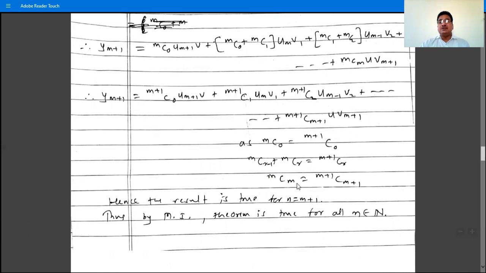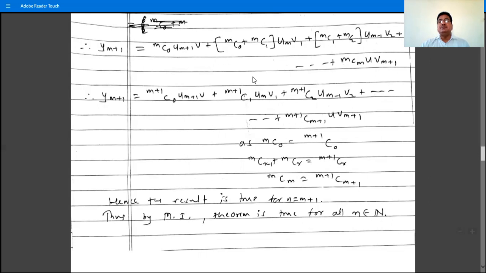Then use the identity that mC(r-1) plus mCr is (m+1)Cr. So observe this, mC0 plus mC1 is (m+1)C1, where r is 1 and r minus 1 is 0.